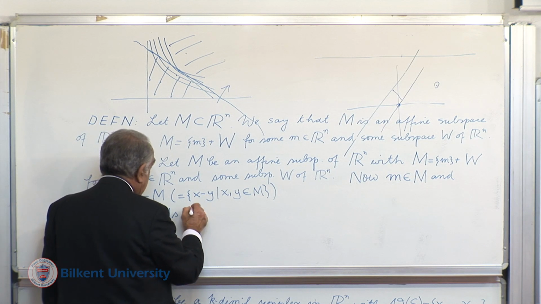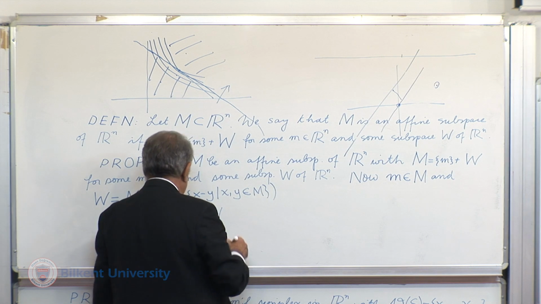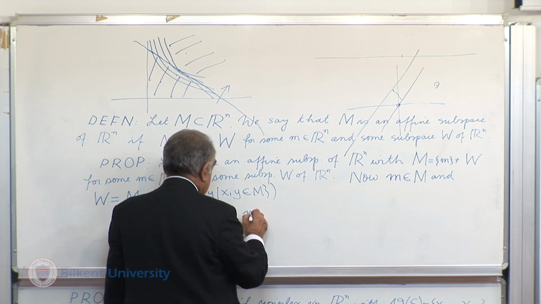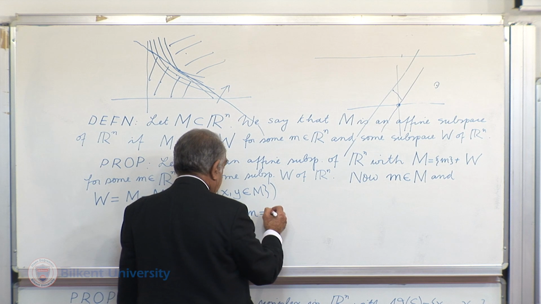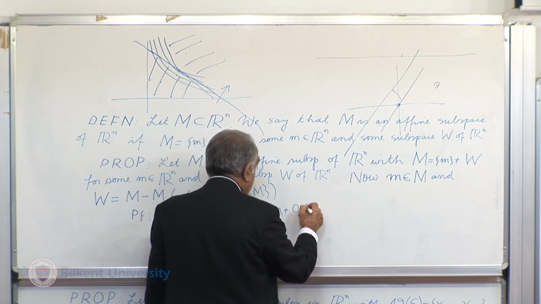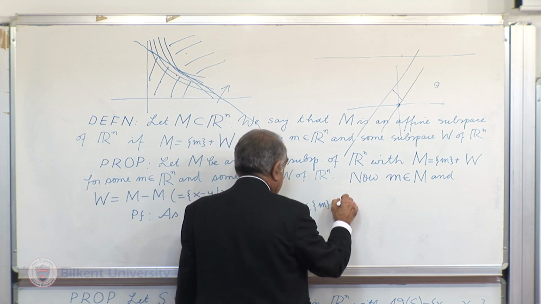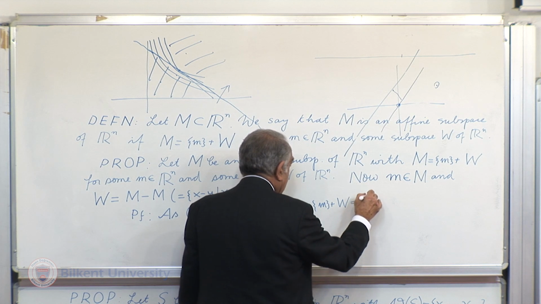As 0 is in W, the 0 vector in Rn, m is equal to m plus 0, and this belongs to m plus W, but that's M.